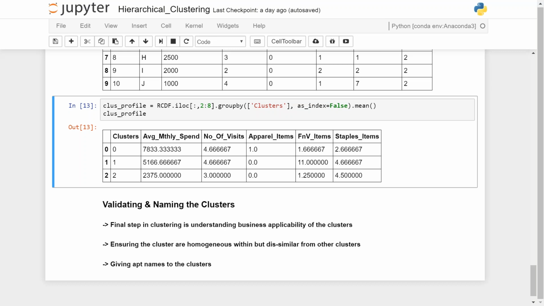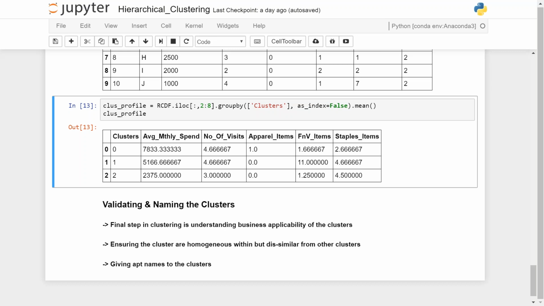But my objective is cross-sell. During the end of season sale, I offer 20%, 40%, 50% discounts. If I can cross-sell and make some of the customers in cluster 1 and 2 start buying from my apparel department, probably going forward they may start buying things also. So from that point of view, I'm very clear that cluster 0 makes sense to me.